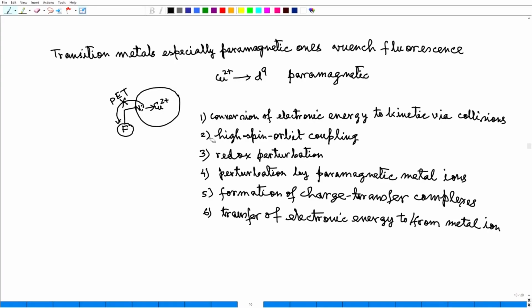Okay. So, therefore, if we look at all these 6 mechanisms, one thing is very important.